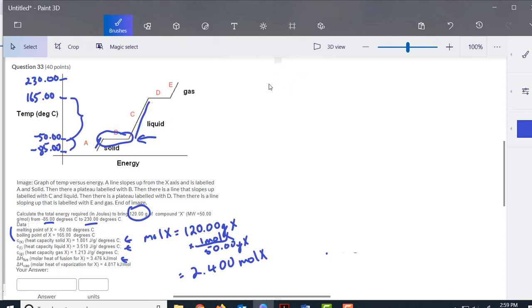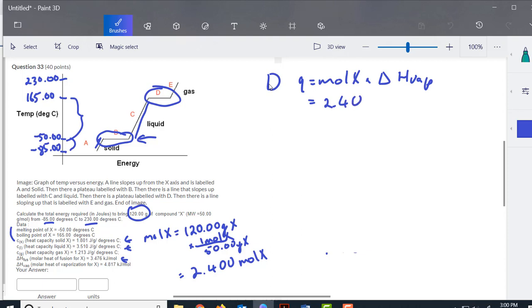Now D, we're looking at, again, a flat line here. So it's going to be Q is equal to moles of X times, in this case, a delta H of vaporization. Now the moles of X, we found those earlier, 2.400 moles of X, times the delta H of vaporization, which is given as 4.817 kilojoules per mole.